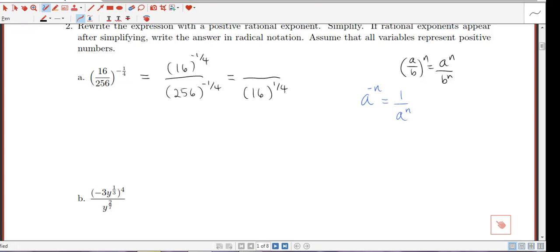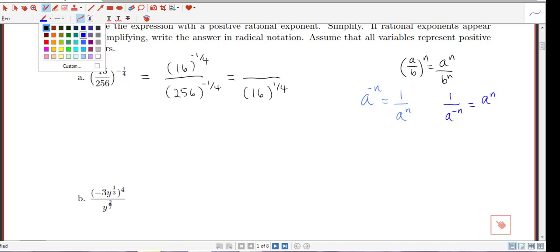Now, let's take a look at 1 over a to the negative n. How do I make that into a positive exponent? All you have to do is bring the a to the top and then attach the positive exponent.